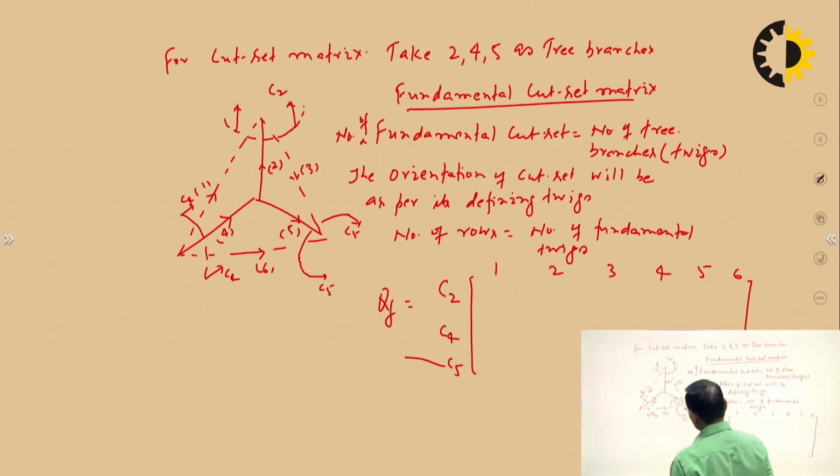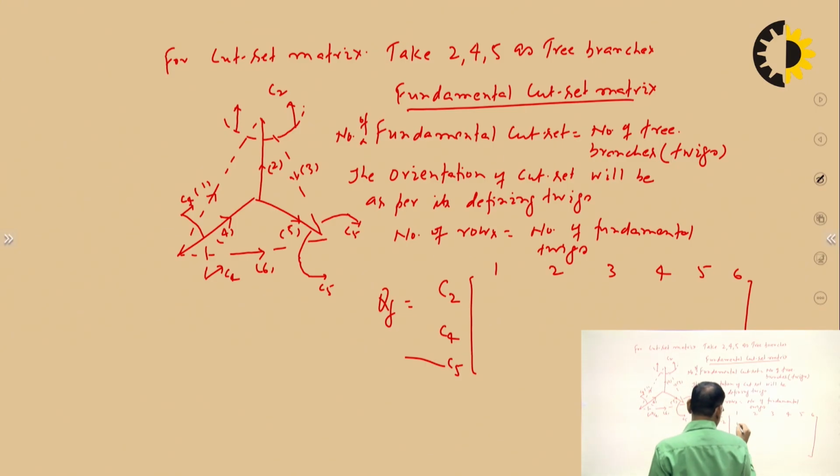Now come to the C2. So C2 has 1, 2, 3. So direction of branch 1 is same as the orientation of the C2.